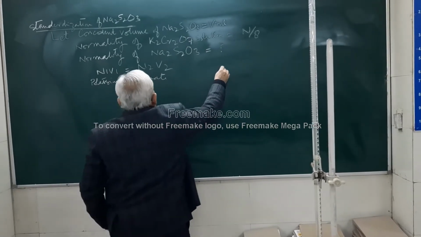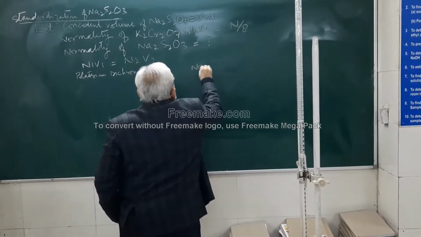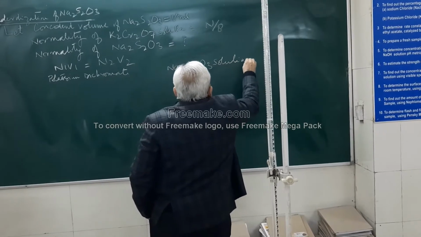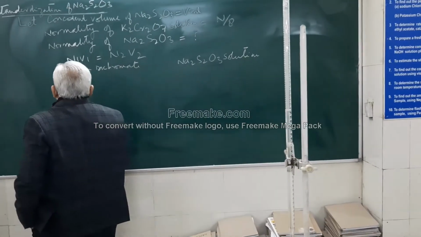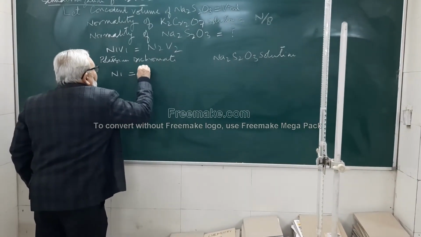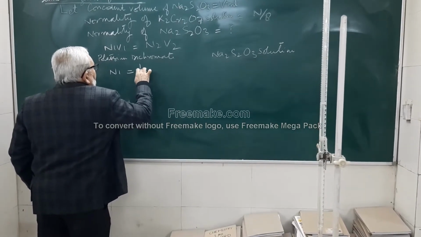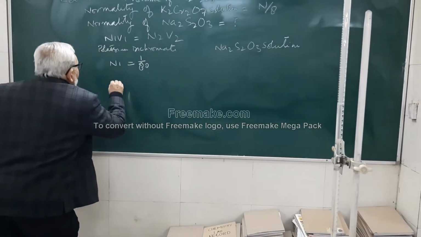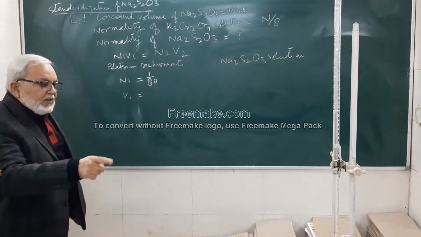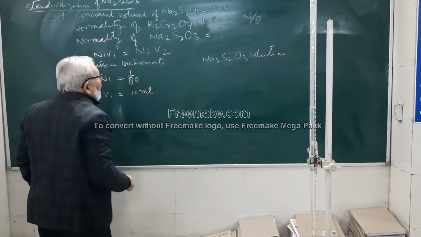Here N1 is 1/80, V1, the volume which was taken in the conical flask, equals 10 ml.